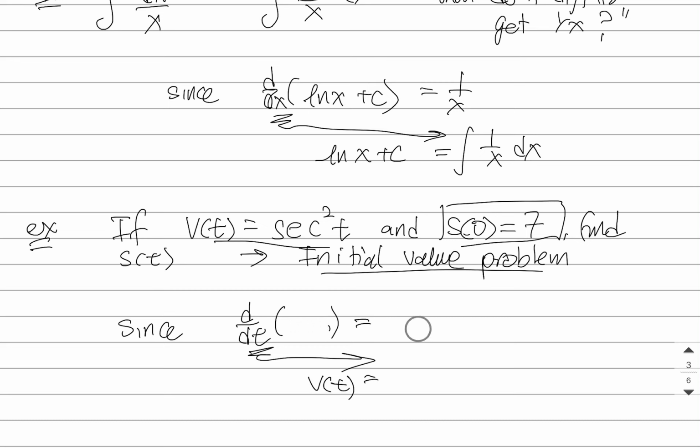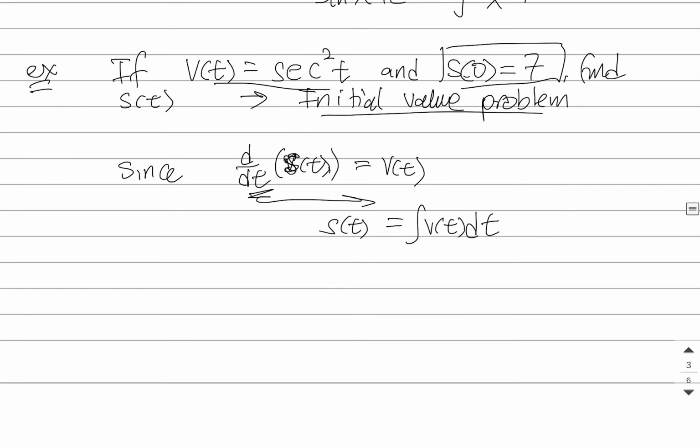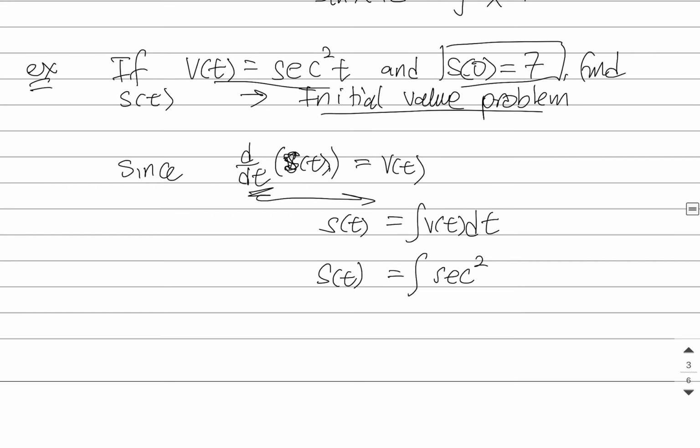Since the derivative of position is velocity, if I want the position, I need the antiderivative of velocity. Sorry about that. So find the antiderivative of secant squared, and we are doing an antiderivative with respect to time.